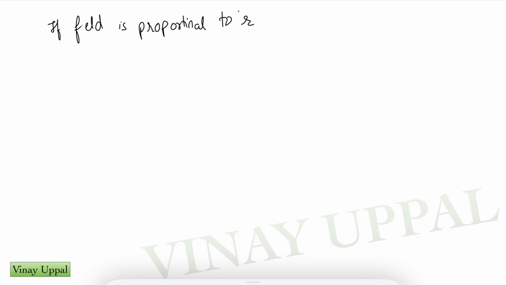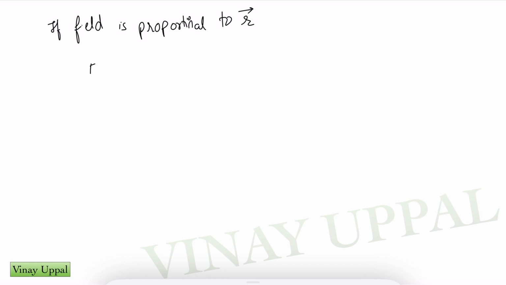Now let's do a type of problem where you can use a very beautiful method to avoid integration. So whether it is electrostatics or gravitation or even magnetism, if the field is proportional to r vector, let me just take the case of electrostatics for now.